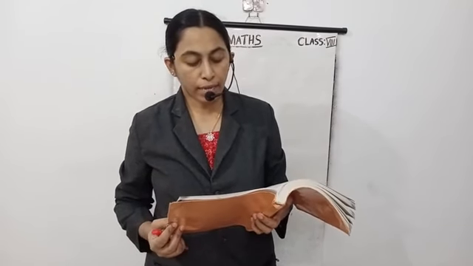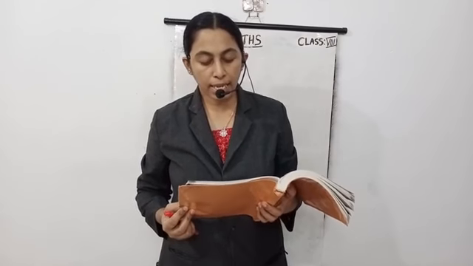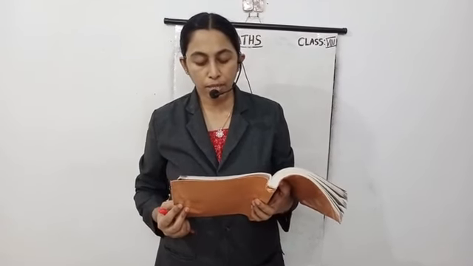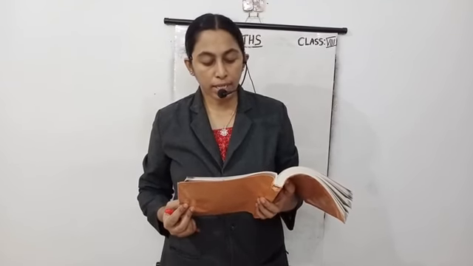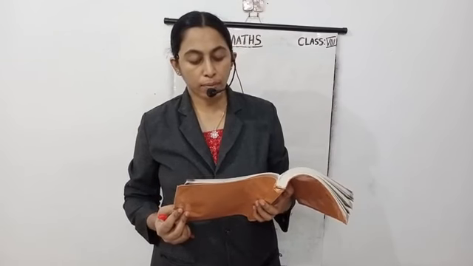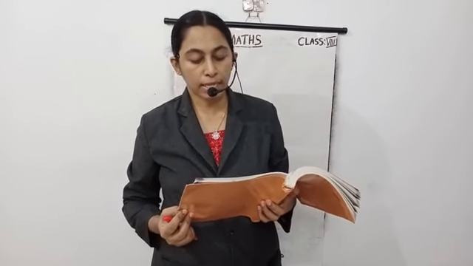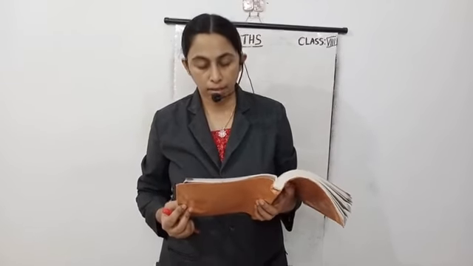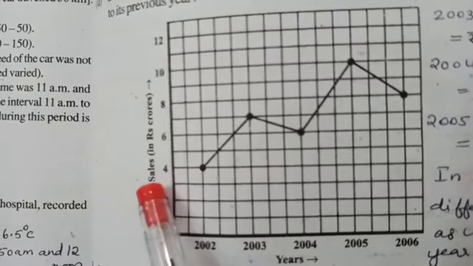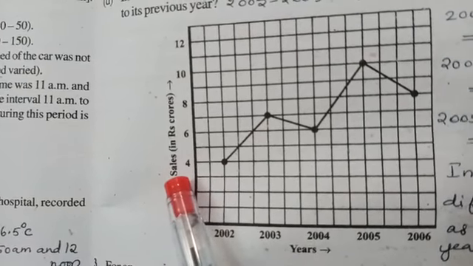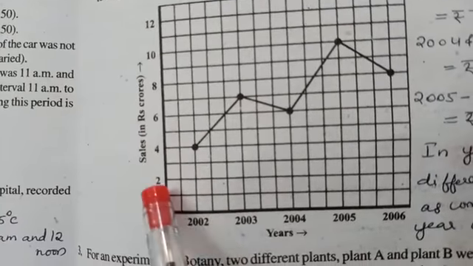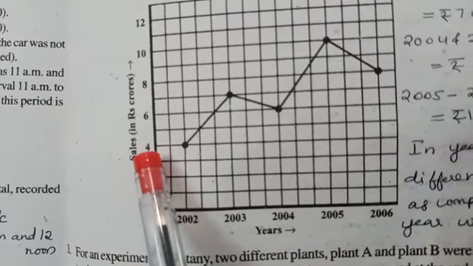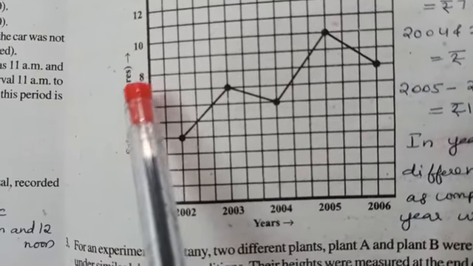Now question 2. The following line graph shows the yearly sales figures for a manufacturing company. Question A: what were the sales in 2002 and 2006? In this graph, this axis represents sales in rupees crores, that means 2 crore, 4 crore, 6 crore, like that.